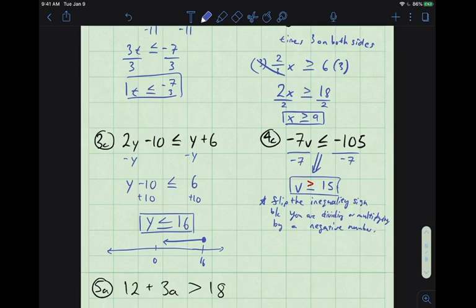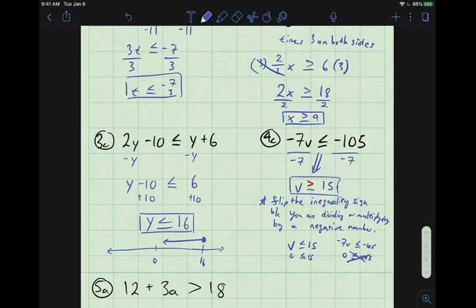Okay, and let's say that we didn't, right? This answer is going to be wrong. It's the opposite of what you want. Because for this case, if you tried 0, which is less than 15, and you try it in your original, -7v is less than -105, 0 times anything is 0, 0 is actually greater than -105. It's not less than.